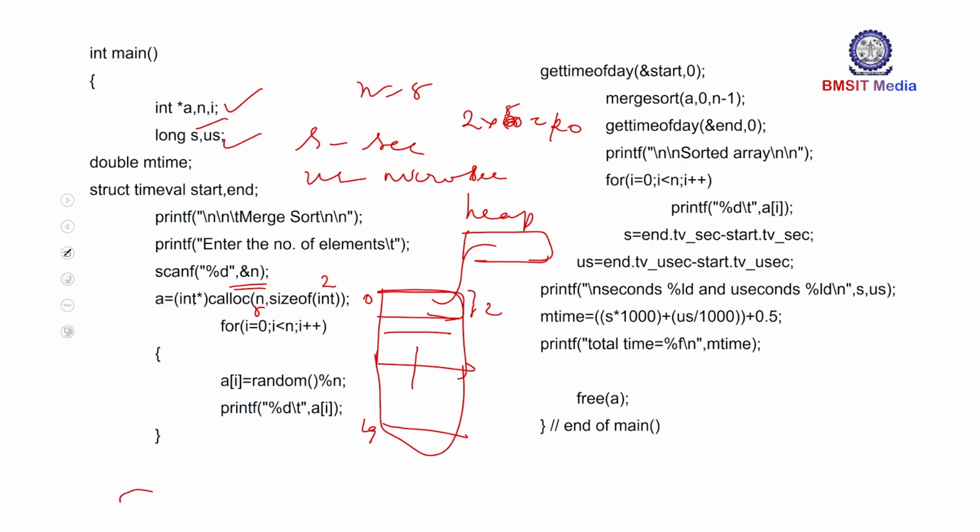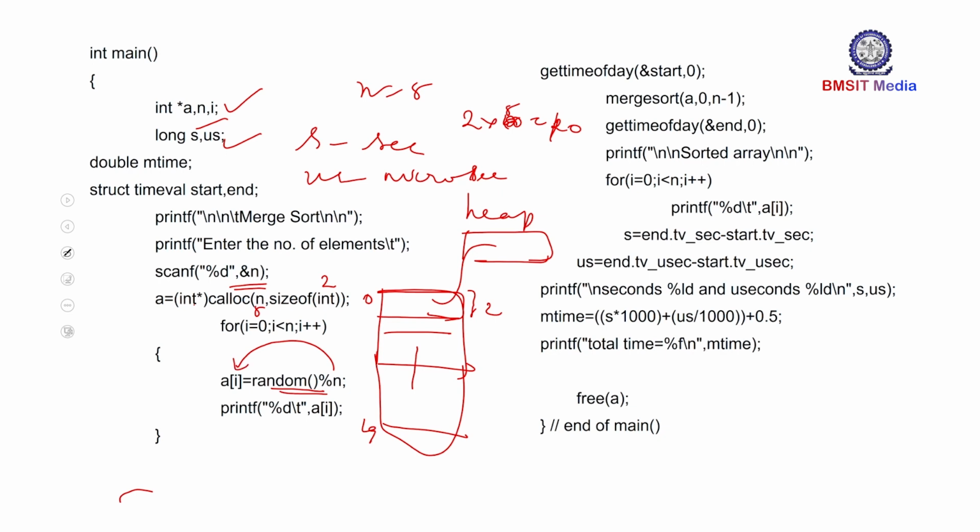I just wrote 10 there by mistake. 2 into 5 is nothing but 10. In that context, 5 blocks of integer type memory can be allocated for this particular request. So rand modulus n randomly generates the numbers. That generated number will be stored into the a of i array, and I am going to print it.